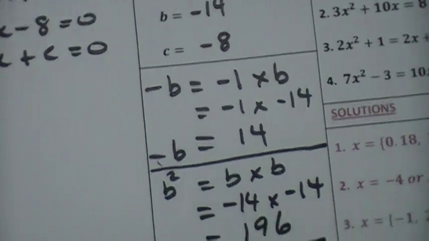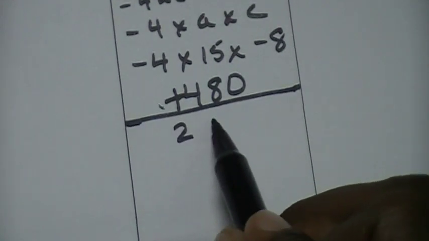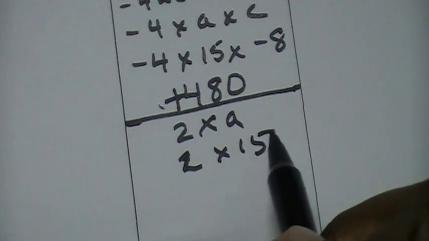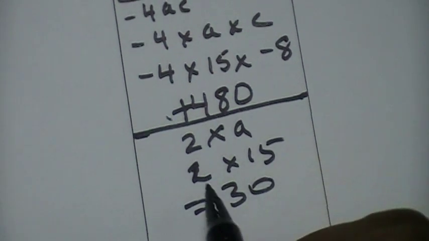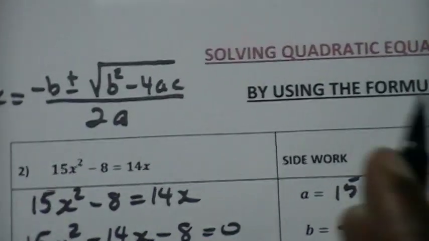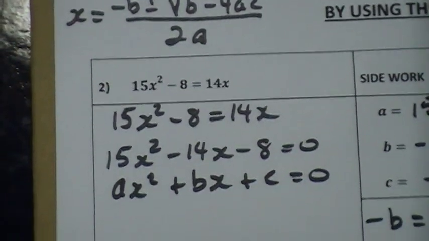The next part is 2a, which means 2 times a, which is 2 times 15, which is 30. So we have the parts we need. Let's substitute these values into the quadratic formula.